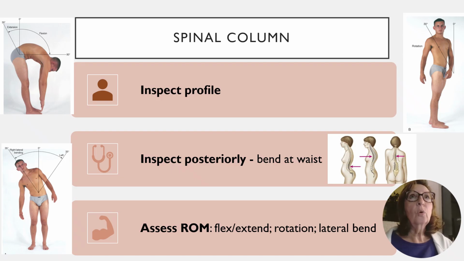If they've got lordosis or kyphosis, you're not going to necessarily feel that with having the patient bend over at the waist, but when you're inspecting their profile, you're going to look and see. You can also check their range of motion, so flexion, extension. You can do a lateral bend. You can do rotation and see what their range of motion is for the spinal column.